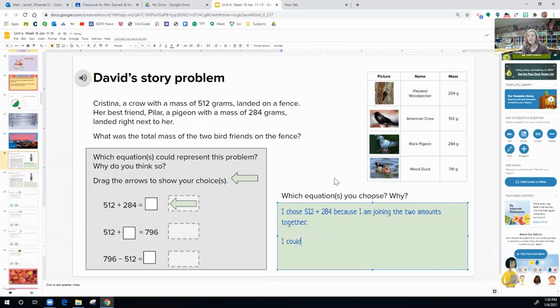And I'm also going to write on there about using the commutative property. And so we just flip the numbers, 284 plus 512 to solve. And then you see the amounts over here. All right, let's go to the next problem.